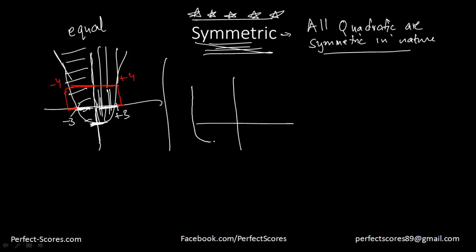Let's suppose this is a graph and this is the lowest point, and if I drop a line from the lowest point, that means distance from here to here is going to be equal to distance from here to here, right? Similarly, distance from here to here is going to be equal to distance from here to here, and the area covered by the graph on the left hand side would be equal to the area covered by the graph on the right hand side.